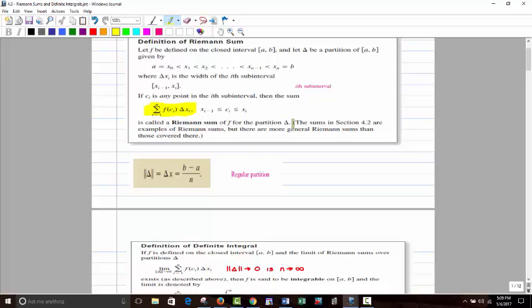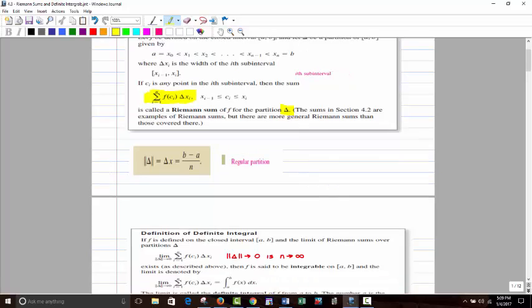Height times width, and this is your summation symbol in front, meaning 1 to n, how many rectangles you have. You add them up, and therefore that would give you your area under the curve. This delta notation here, delta by itself, is kind of weird. Delta is usually used as a mathematical operator.